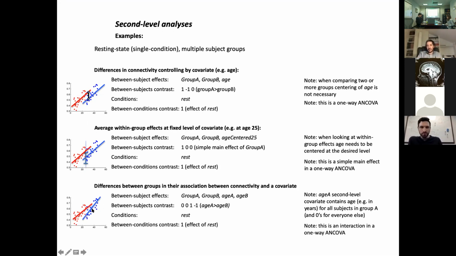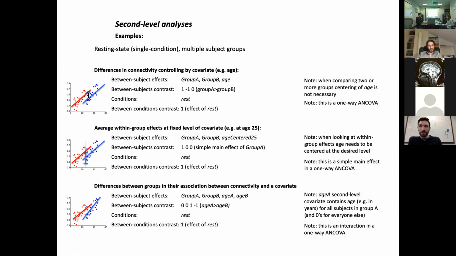If you want to assume that the slope is different between the two groups and you want to compare them at age 60, you again center them at age 60 separately, but then enter them as two different covariates instead of a single covariate. And then you enter a contrast of 1, -1, 0, 0, because you are looking at the difference in the average activation, like the y-intercept, the activation level after controlling for age at age 60.